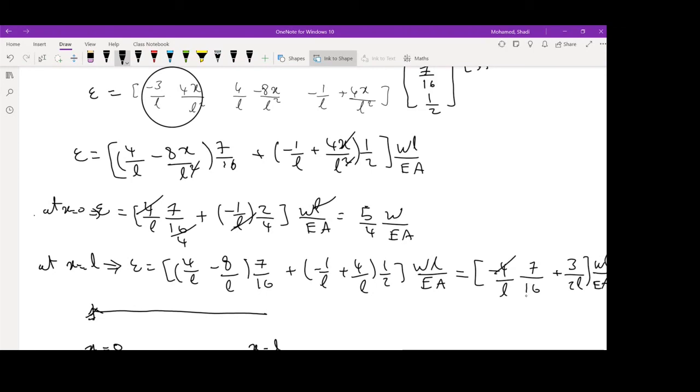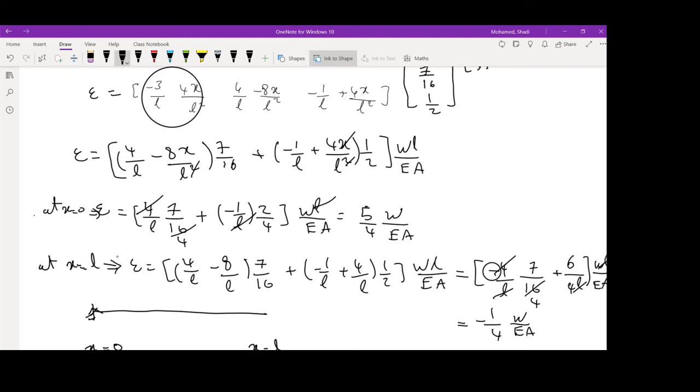So again, the 4 will go away with the 16. Just make it 4. And here I can make it 6 over 4. I have minus 7. See, this is a minus sign here. This is a minus sign. Minus 7 over 4 plus 6 over 4 is going to be minus 1 over 4. And the L, again, will go away with the L, and I will be left with W over EA.